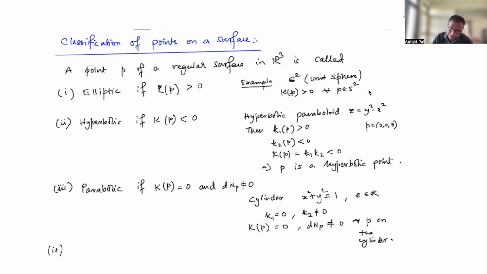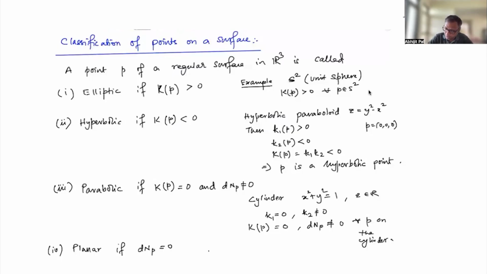And the fourth is, this point P is said to be planar if this operator D_P is equal to 0. Okay.